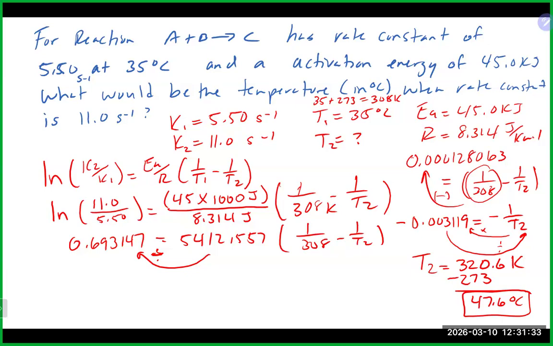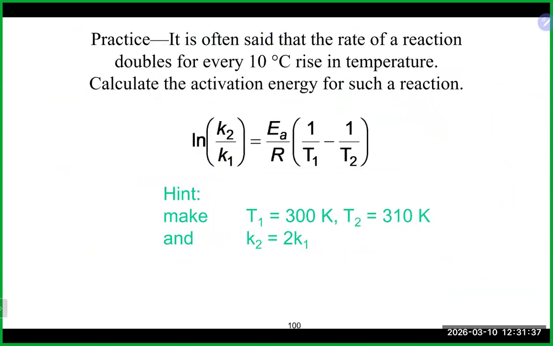So what we have at that point is that one right there. You got negative 0.003118 equals negative 1 over T2.